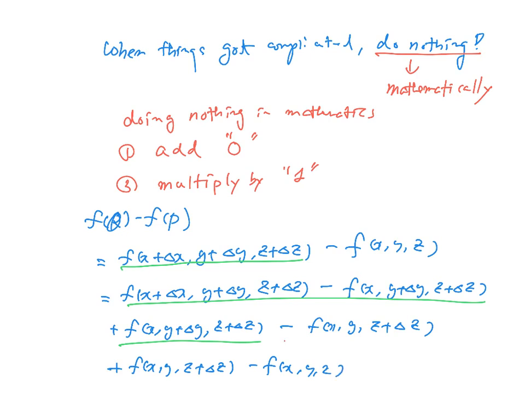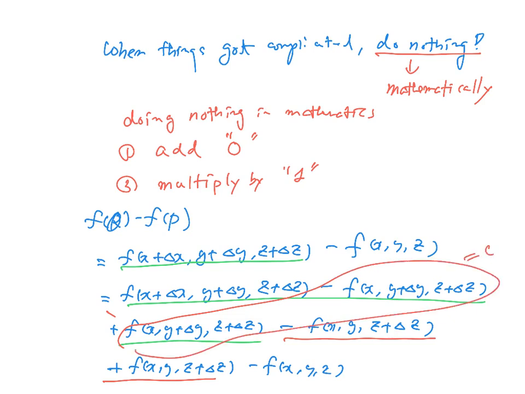So I added another 0. So this is 0, and this is another 0. I added two zeros, and I didn't make any changes, right?